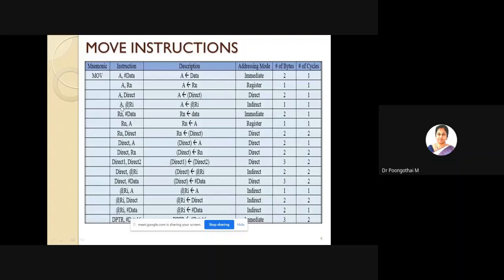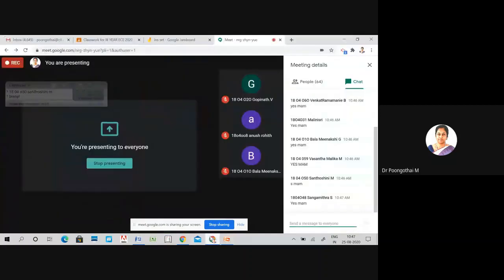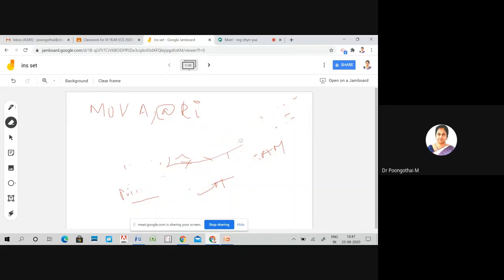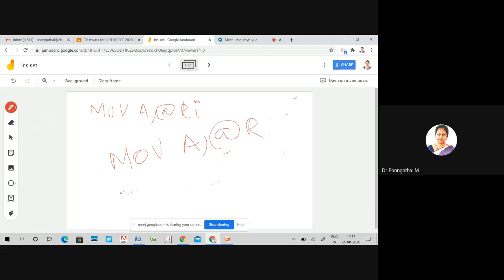Next instruction, MOV A, @Ri. Example, MOV A, @R1. Ri represents R0 and R1.